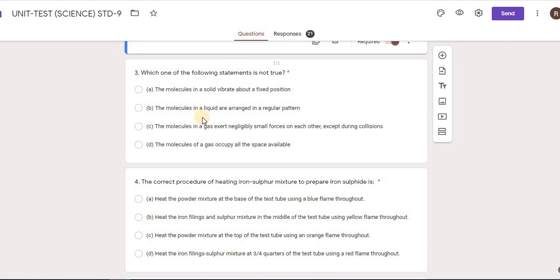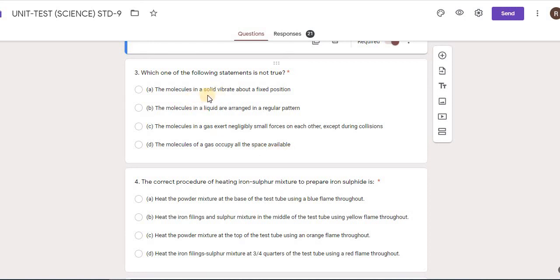The molecules in a liquid are arranged in a regular pattern. The molecules in a gas exert negligible force on each other except during collision. D option, the molecules of a gas occupy all the space available.